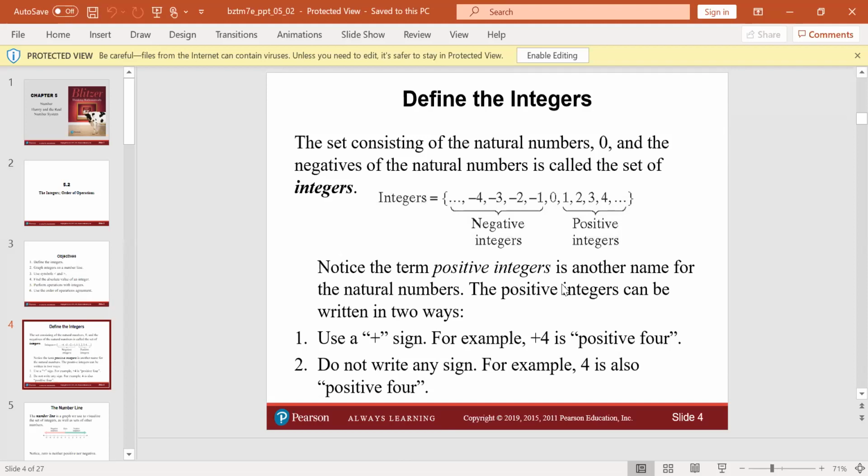So as you can see, the integers have the positive numbers in there, 1, 2, 3, 4. They have 0 in there as well, and they have the negative numbers. If you're curious, the integers have a cool sign all of their own. It's a weird Z-looking thing.